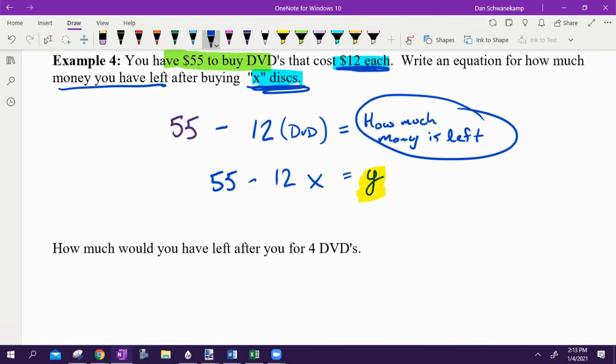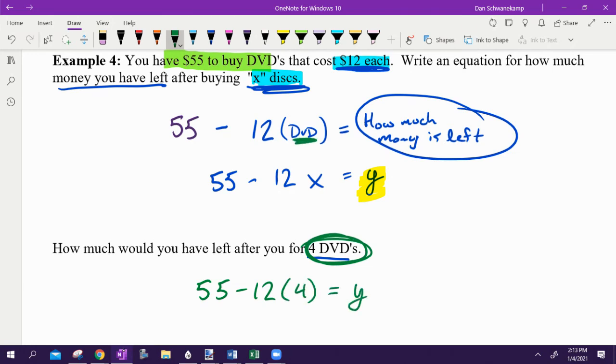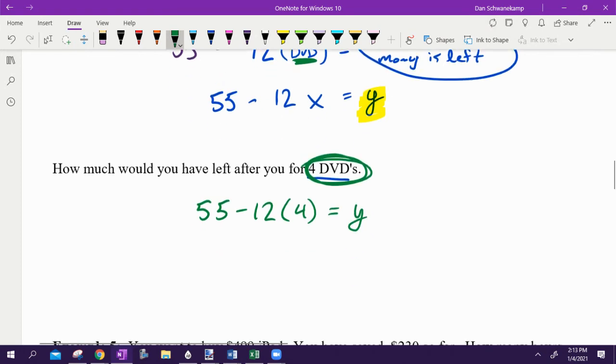So my next part says, how much would you have left after you bought 4 DVDs? Well, we just wrote an equation for that. 55 minus 12. I'm buying 4 DVDs, so what's the 4 going to go in for? Oh yeah, the 4 goes in for x, because that's how many DVDs I bought. So I'm figuring out how much I would have left.